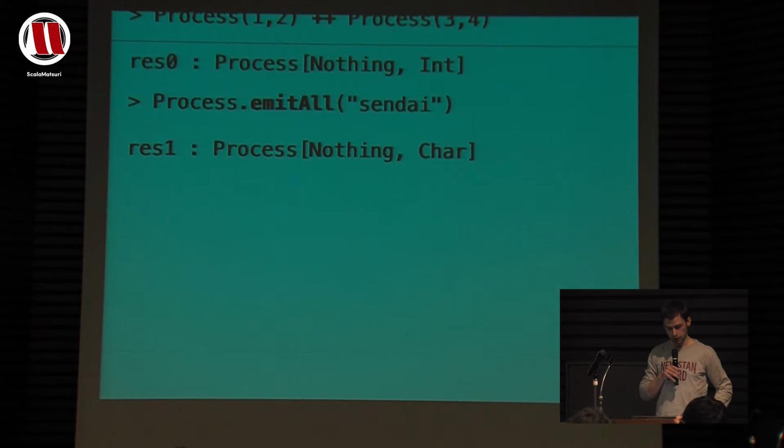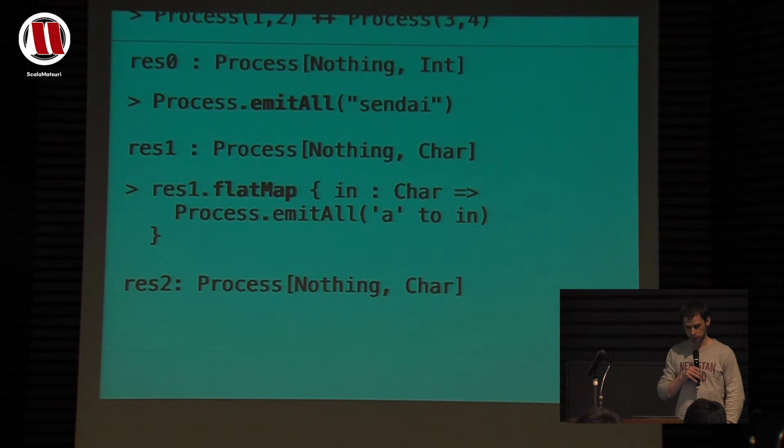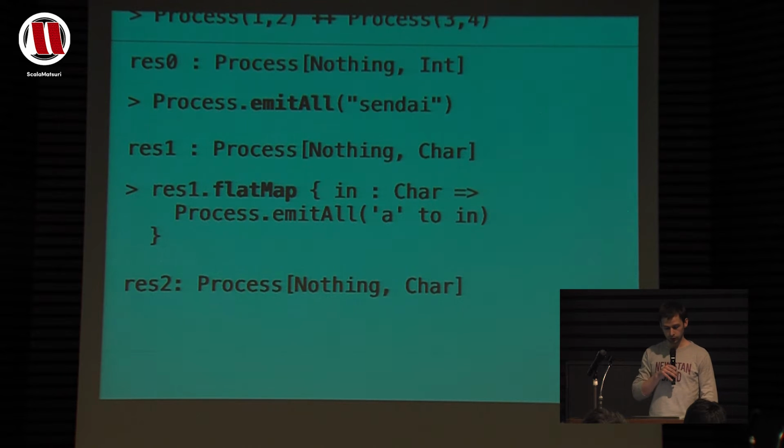In this case it's a string, so we emit every char in this string. And we can flatMap. FlatMap basically consumes a single element of a process and it has to return yet another process. So we can consume elements and emit again everything in this process.